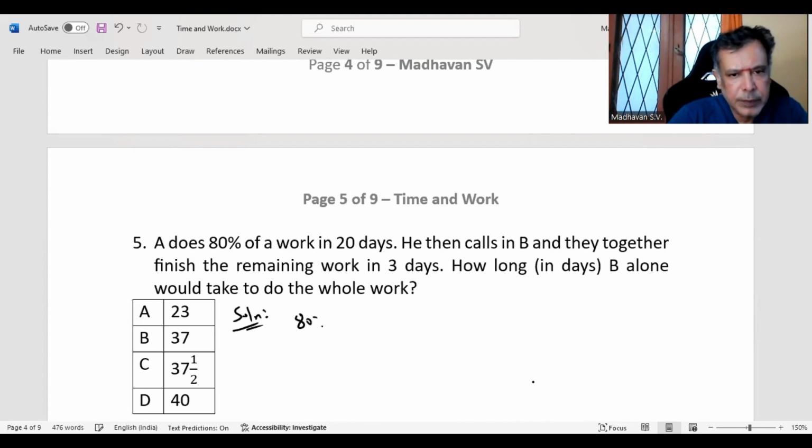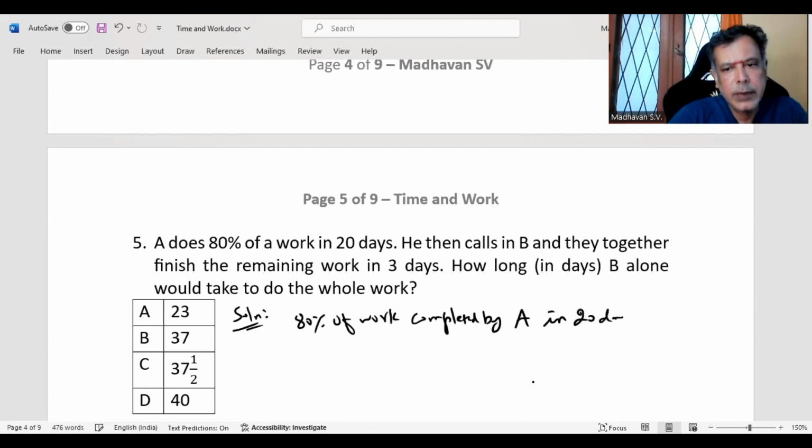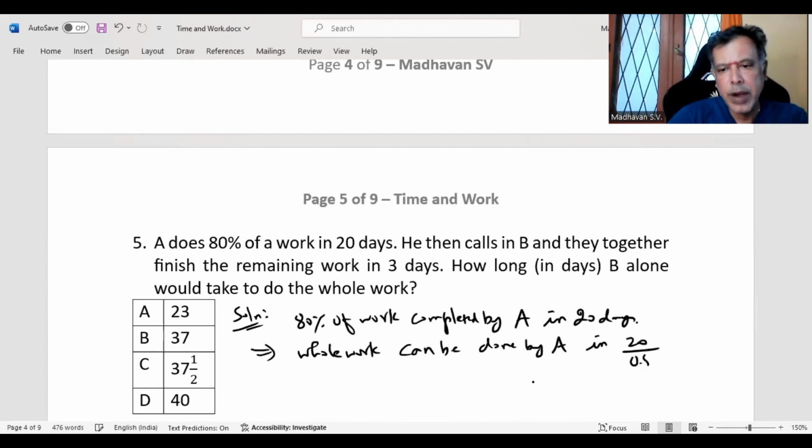80% of the work completed by A in 20 days, which means that the whole work can be done by A in 20 divided by 80%, which is 0.8.